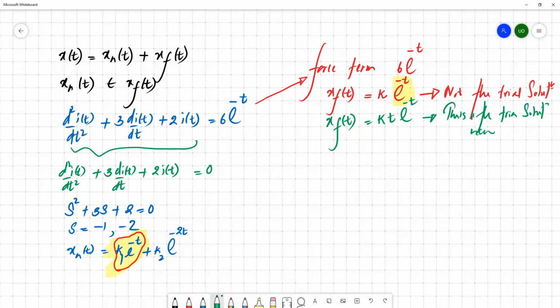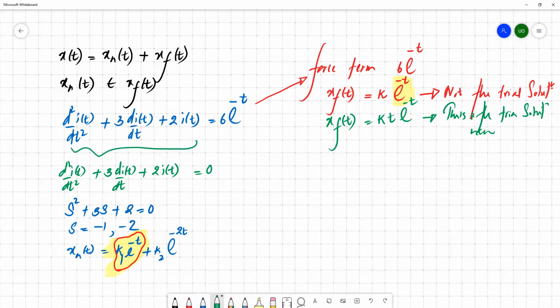Once you propose this, you have to check with the natural response whether the proposed solution is already there. If it is not, you can keep that trial solution as it is and assume that it's the solution for the circuit.